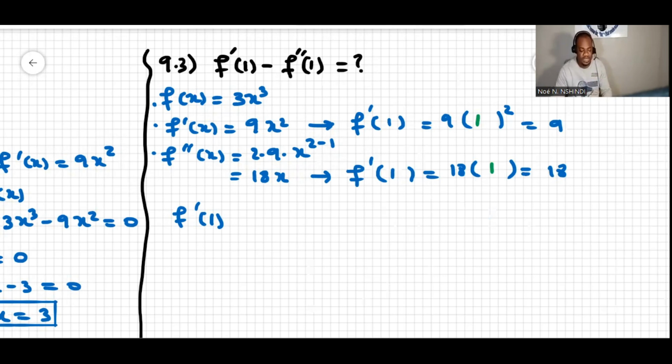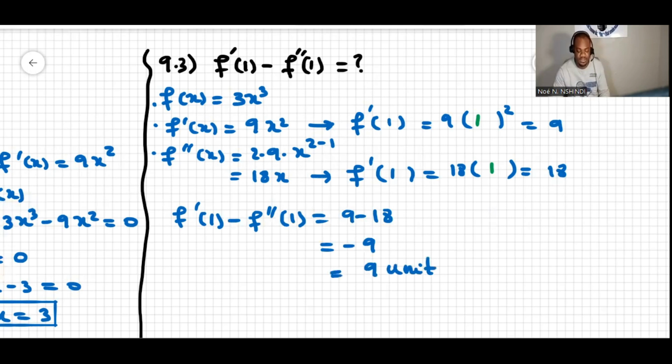Maybe let's leave it like that. If I do f prime of 1 and f second of 1, this would be 9 minus 18, which is negative 9. But the distance must be positive, so 9 units is the vertical distance.